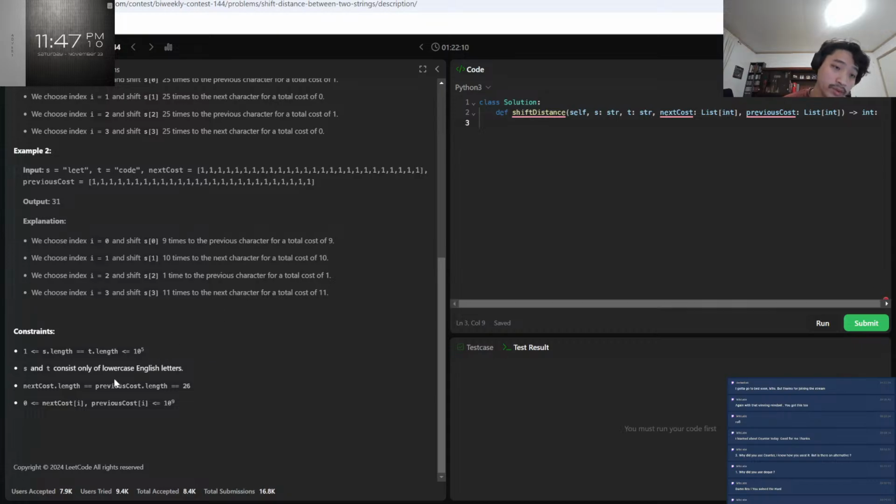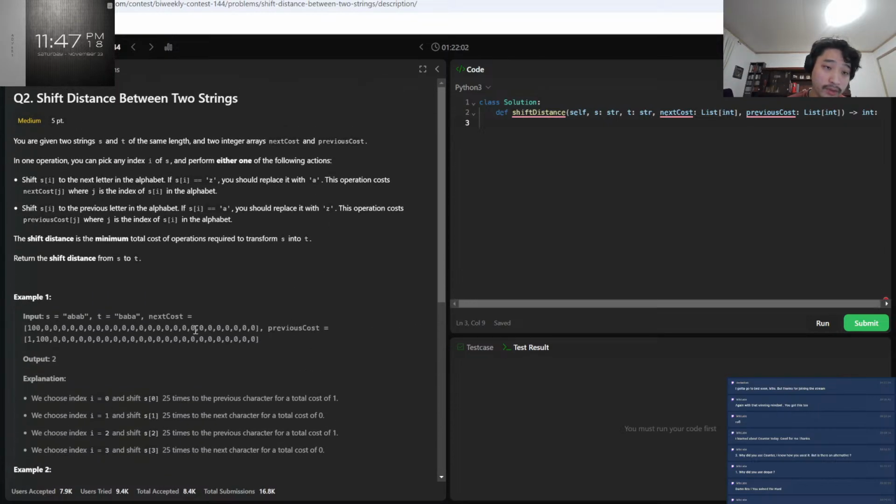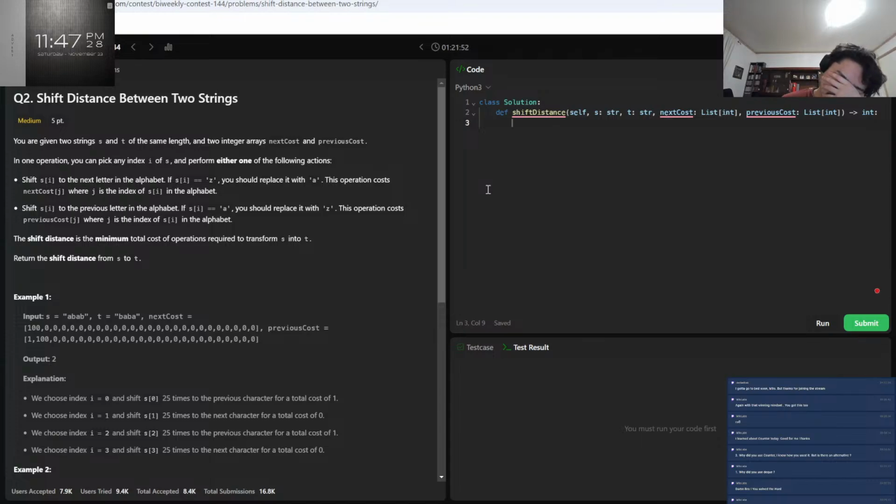Let me see, what would be a smart way of indexing it? What data structure? We have two lists. I was thinking of a double-ended list.